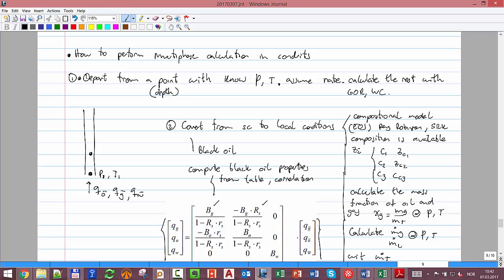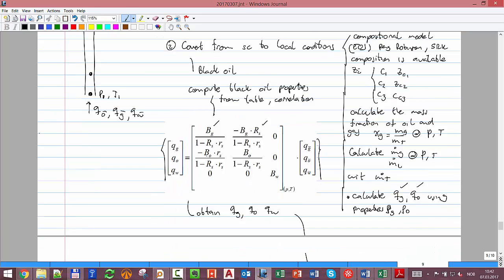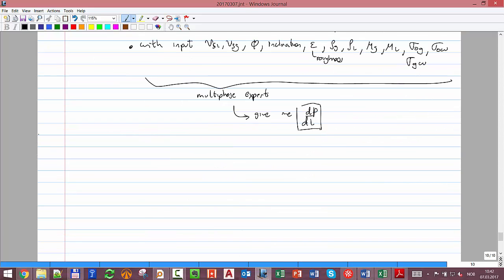So how do I calculate the next pressure? If you remember, that's numerical integration. You can do that by different methods, explicit or implicit. And here you have the Euler method.